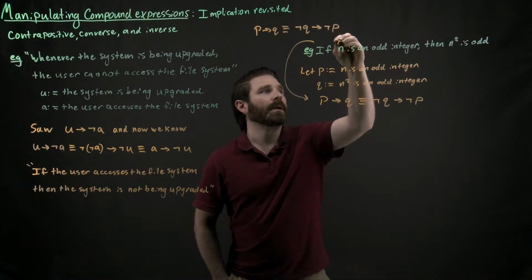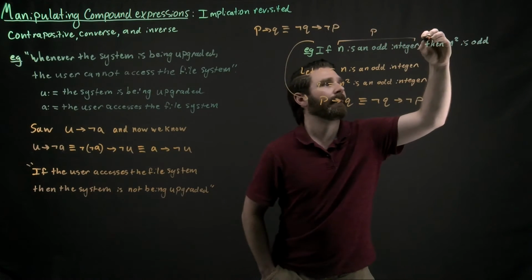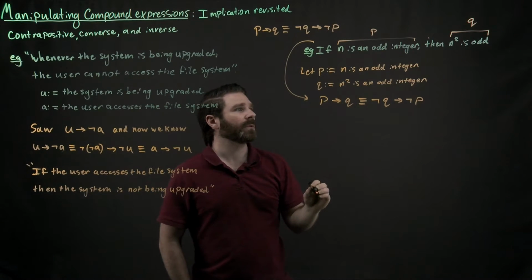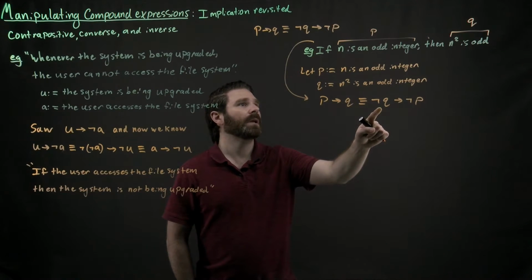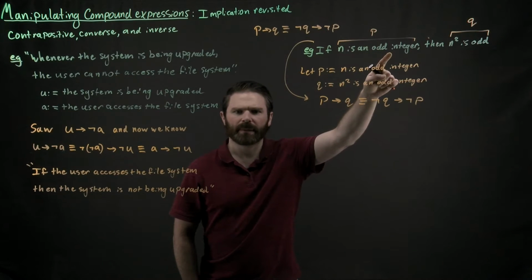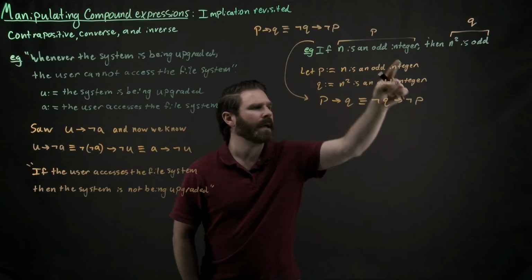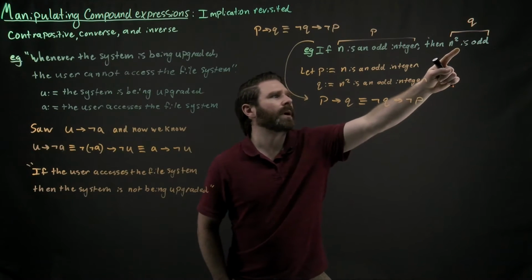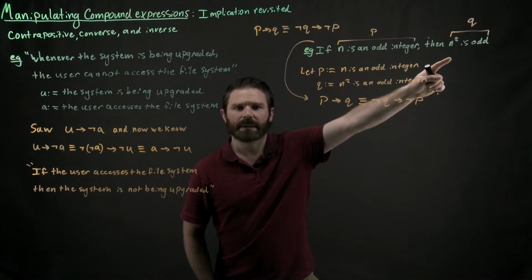So I know this here is P, and that there is Q. So if I took not Q, n is not an odd integer, that means it's an even integer. And not Q over here, n squared is not odd, that means it's even.